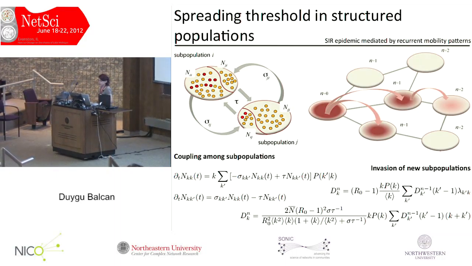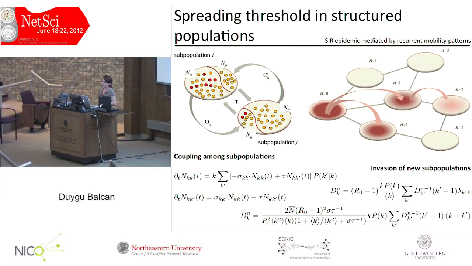In this case, you can group the subpopulations, assuming that all the subpopulations with a given degree are going to be equivalent. So this is a mean field approximation.